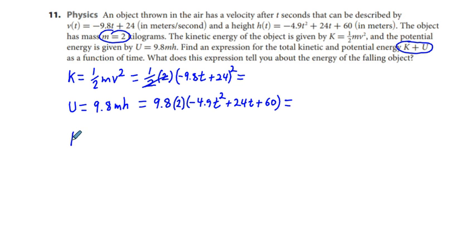So you put K plus U, enter all these things you worked out here, and you will simplify to get it. So answer the rest of the questions there. Good luck, and thanks for viewing.